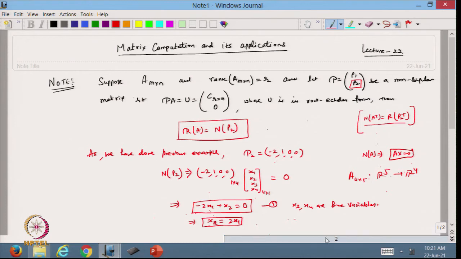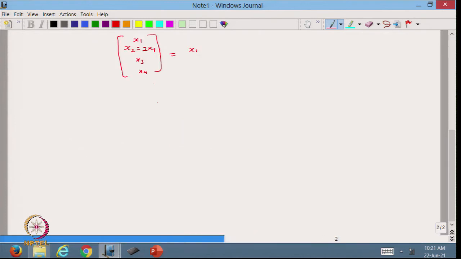So, from here I can take x1 common. So, it will give me (1, 2, 0, 0) plus x3 times (0, 0, 1, 0) plus x4 times (0, 0, 0, 1).